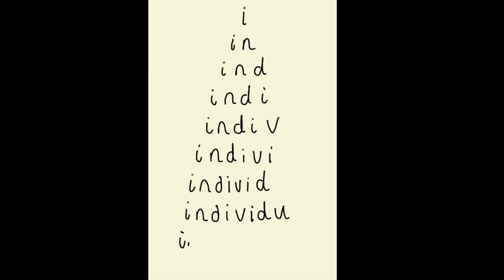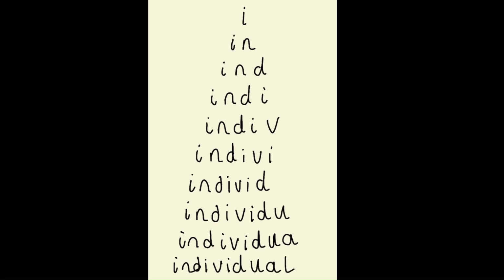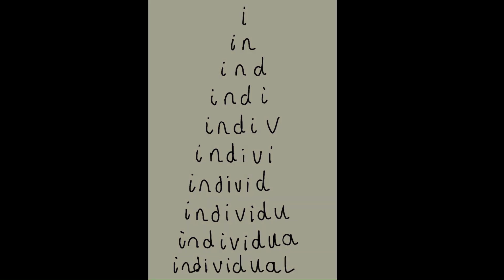So we start with I, then I-N, I-N-D, I-N-D-I, I-N-D-I-V, I-N-D-I-V-I, I-N-D-I-V-I-D, I-N-D-I-V-I-D-U, I-N-D-I-V-I-D-U-A, I-N-D-I-V-I-D-U-A-L. Individual. Now it's your turn on your own.